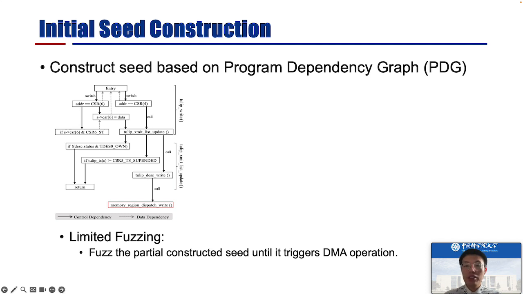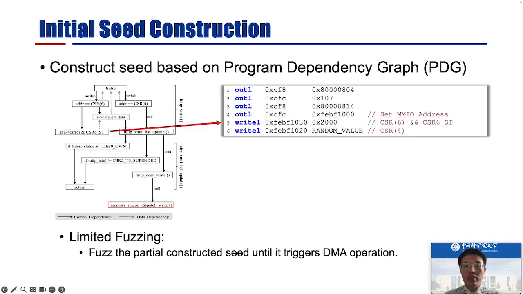Based on the PDG, we extract the constraints. If these constraints are satisfied, there will be a DMA operation, and we solve the constraints and transfer them into the initial seed for the fuzzing process.